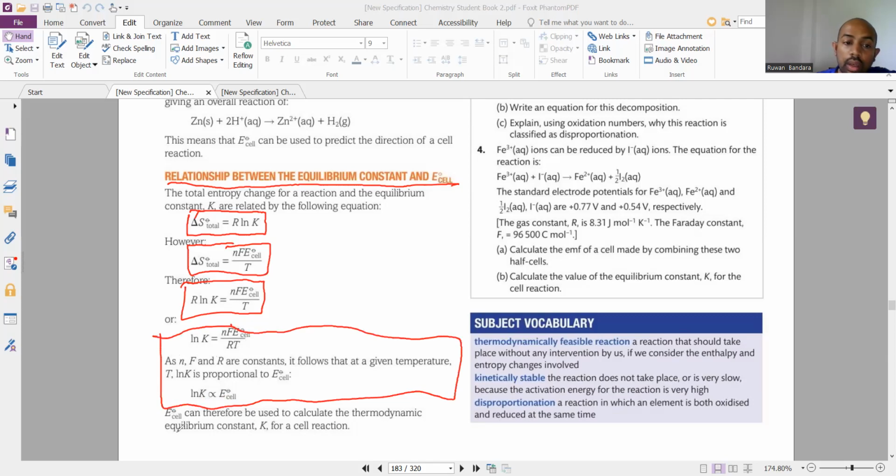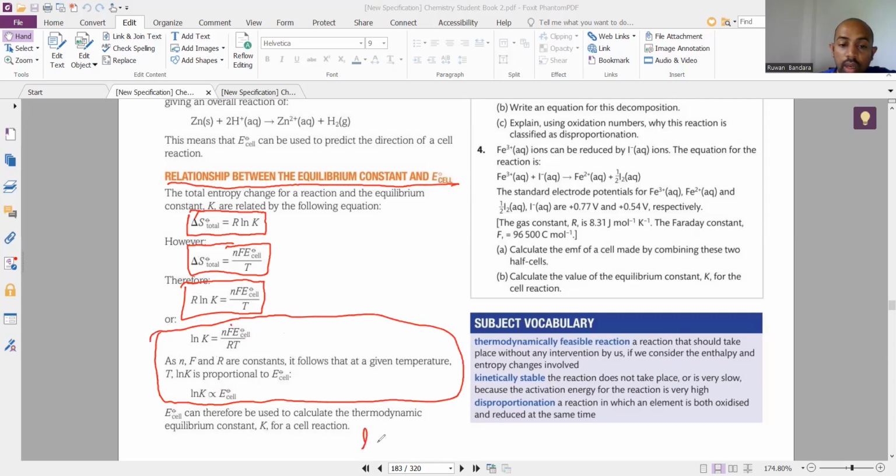I can add one more thing here for the same relationship. ln K will be proportionate to E naught cell, and also it is proportionate to delta S total. That's how the relationship goes. Okay.